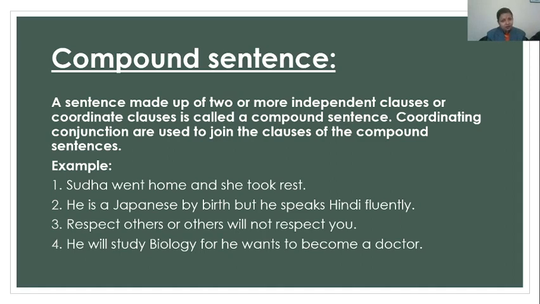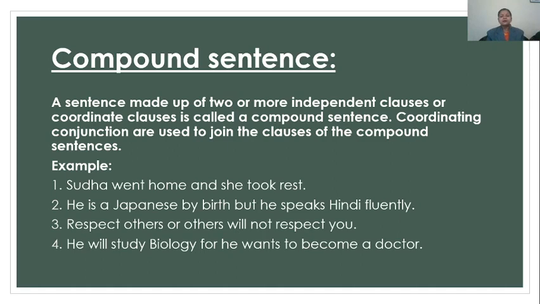The conjunctions used for joining the clauses in compound sentences are always coordinating conjunctions. It means coordinating conjunctions join coordinate clauses in compound sentences. Okay? Clear to you all?